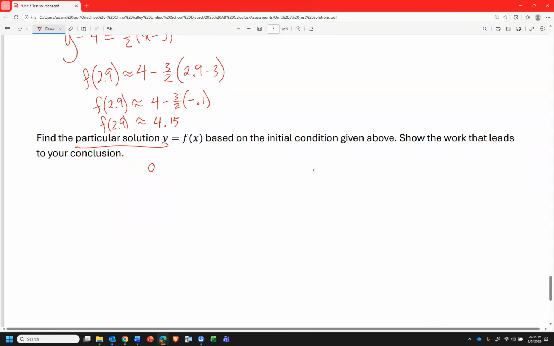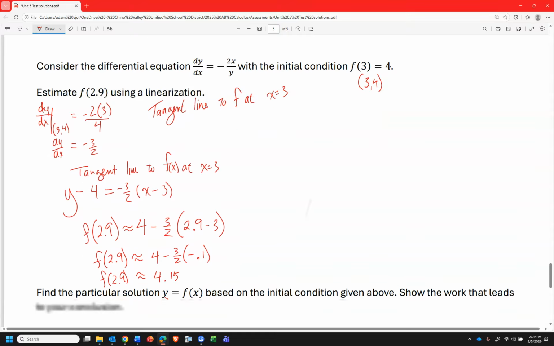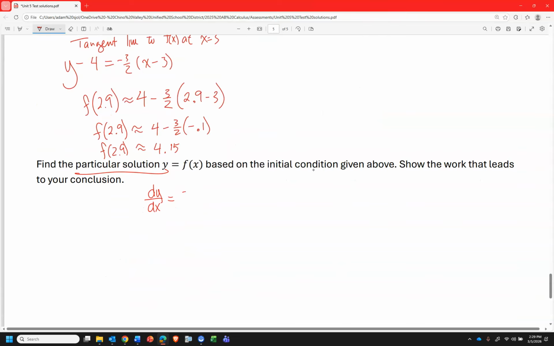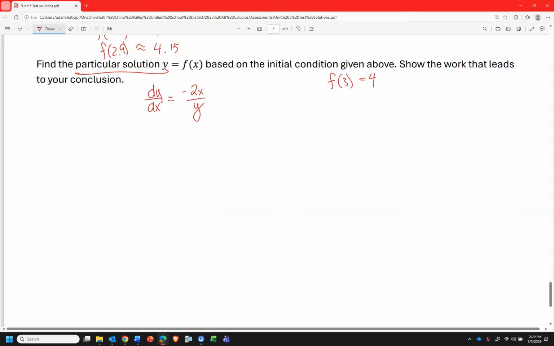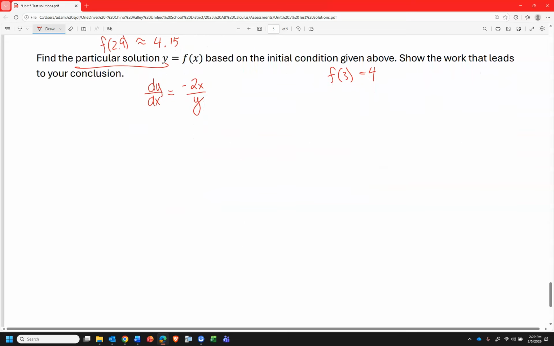Well, maybe I'll rewrite dy/dx is equal to negative 2x over y. Okay, and then it says based on the initial condition above, and that was f of 3 is equal to 4, so I'm going to use that later to fill in my plus c. Showing the work that leads to my conclusion, I know I need to separate variables.